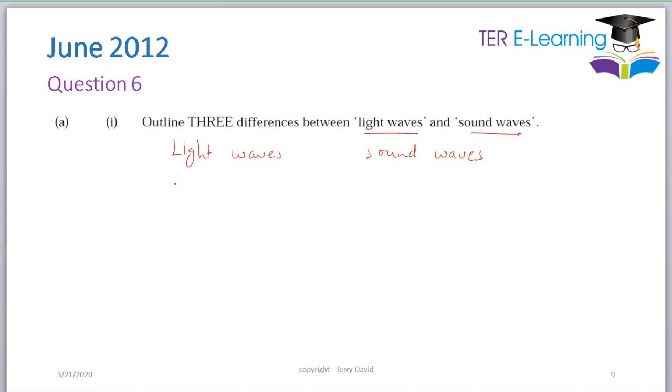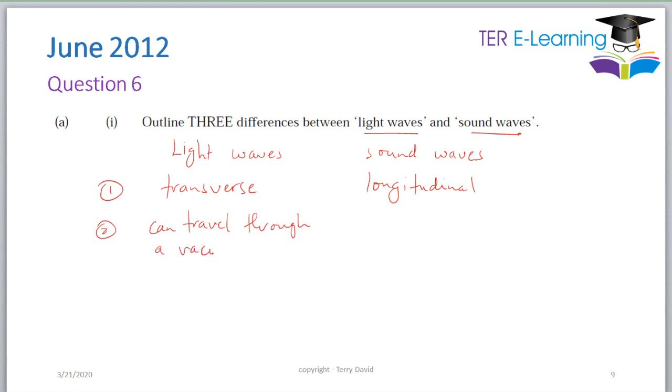So the first one is the most obvious one and the one that they want for sure: light waves are transverse, whereas sound waves are longitudinal. So that's my first difference. Second thing is light waves can travel through a vacuum because it's an electromagnetic wave.